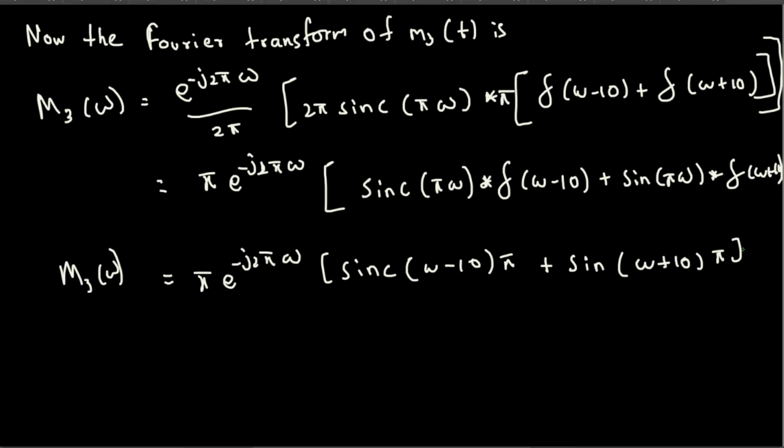Now we have done the Fourier transform. What else is left? We have the graph for the magnitude diagram and the phase diagram.